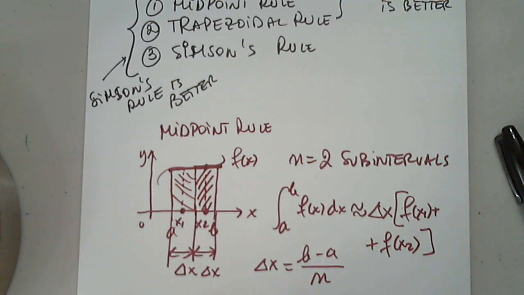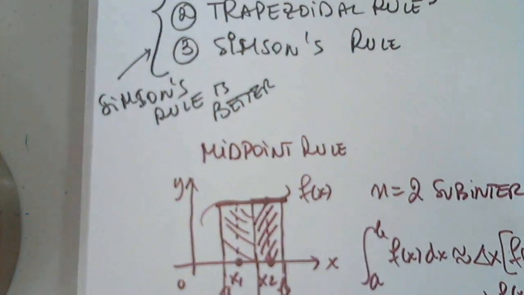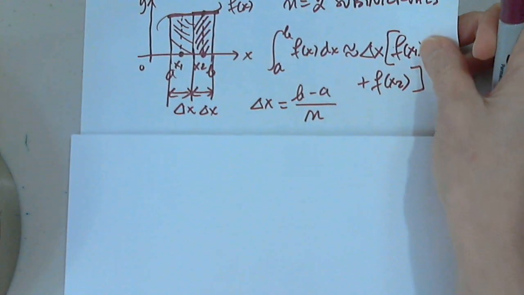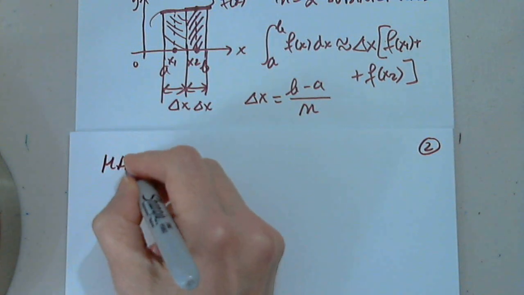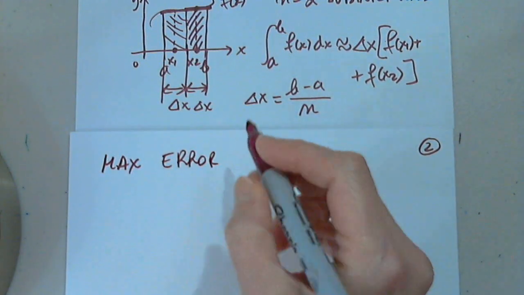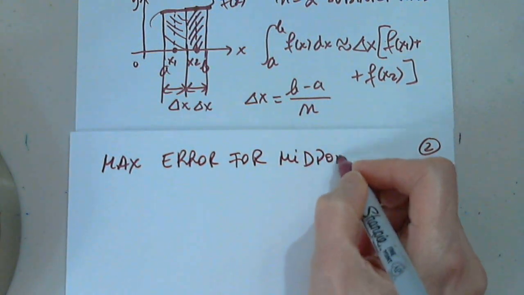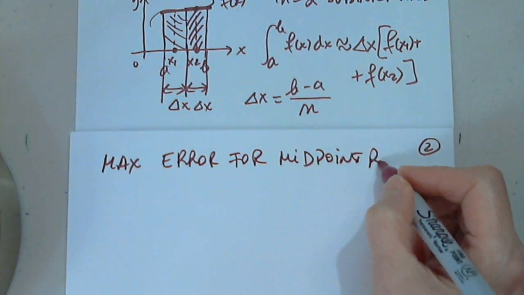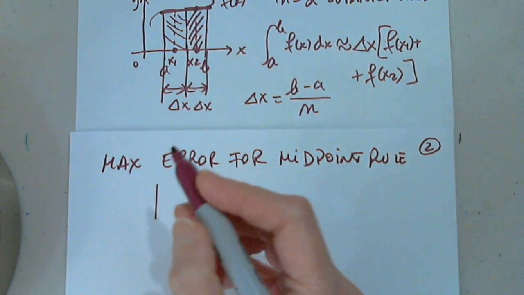Now, we can also estimate, we should say, determine an upper bound, a maximum for the error. So the max error for midpoint rule in absolute value, because it could be negative or positive.